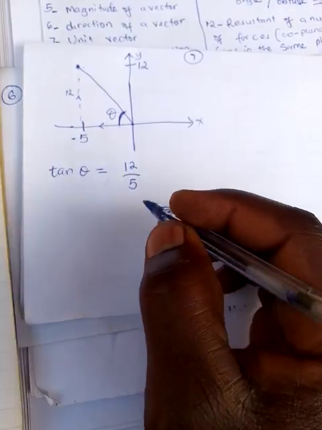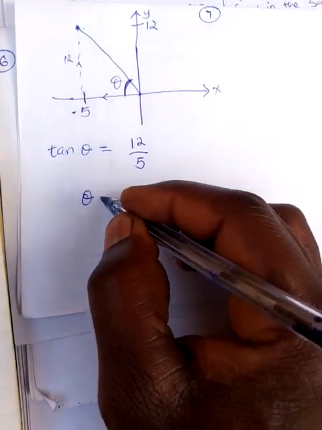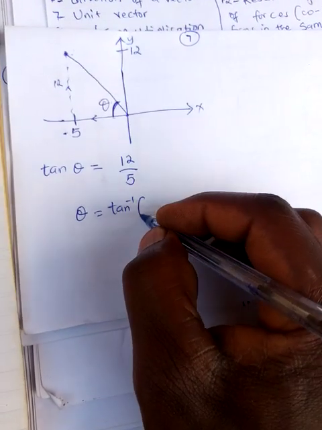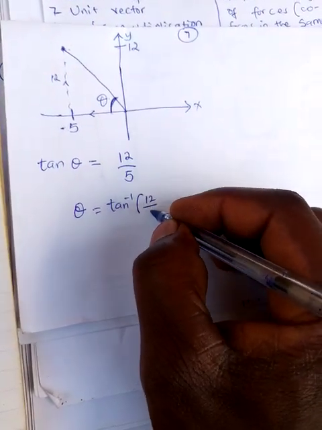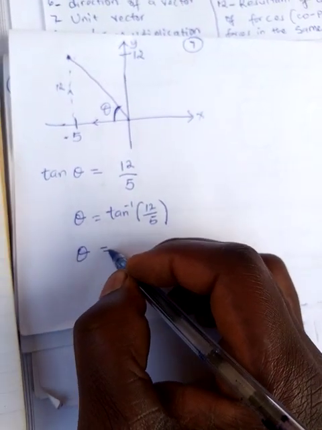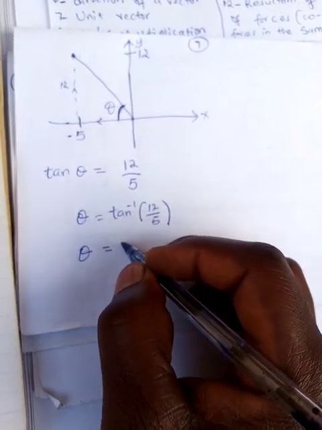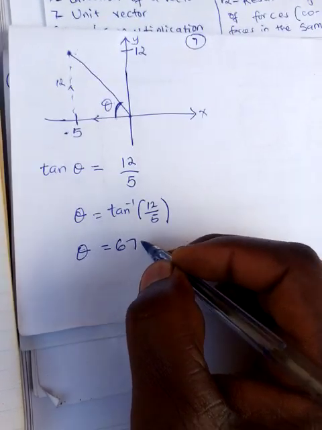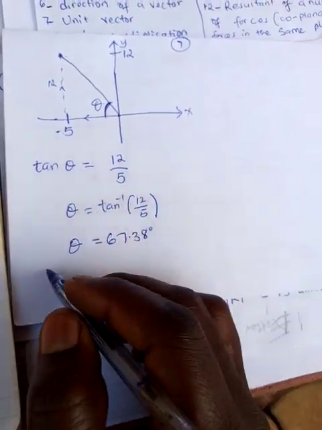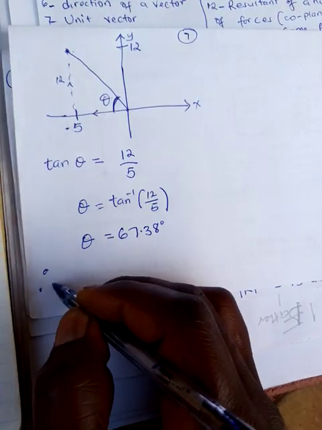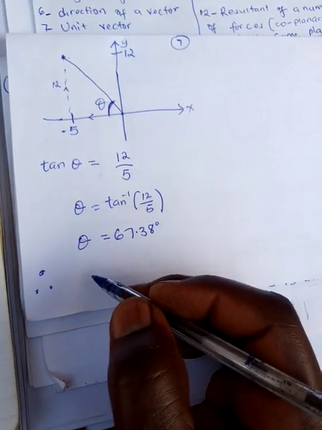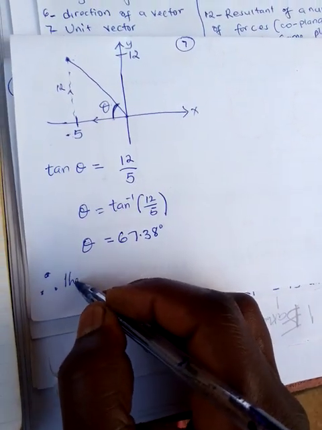So your theta will become tan inverse of 12 out of 5, and it is 67.38 degrees.